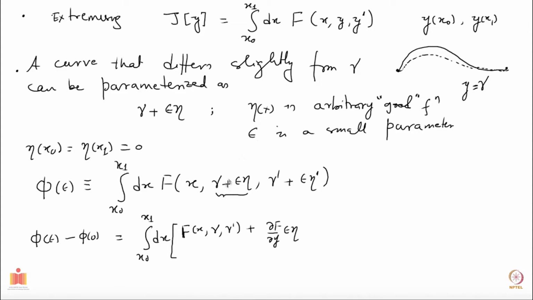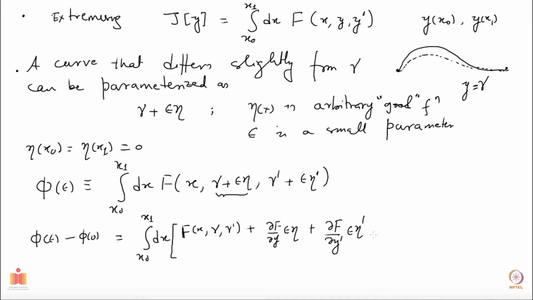Okay, so I'm looking at the rate of change of f with respect to what you have in here, and then what is the deviation. So it's epsilon eta plus del f over del y prime. That's the place where you have y prime, and the deviation is now epsilon eta prime. Okay, that's the change in the function.